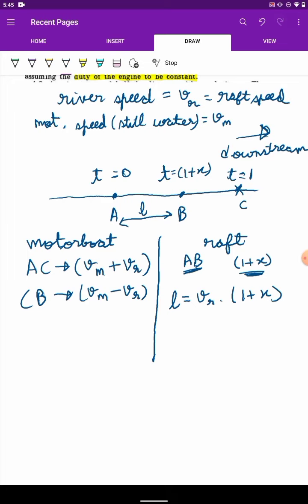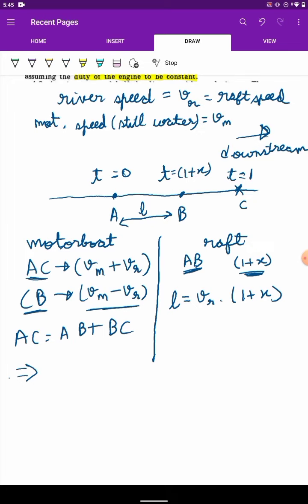Now if we consider the motorboat, it first traveled AC with this speed, CB with this speed. Now AC is equal to AB plus BC, right? So AC is covered in 1 hour. Again, speed into time.